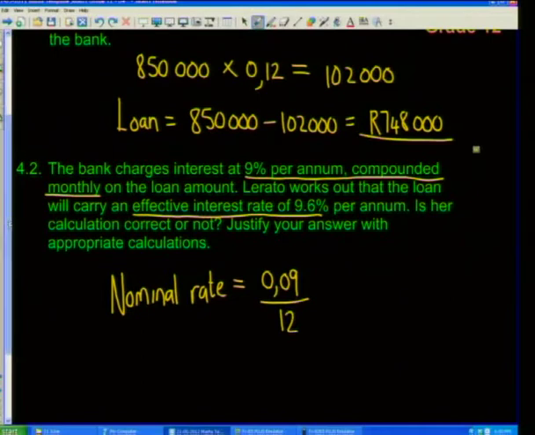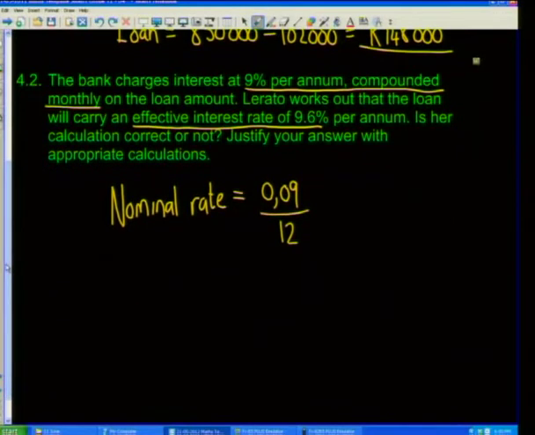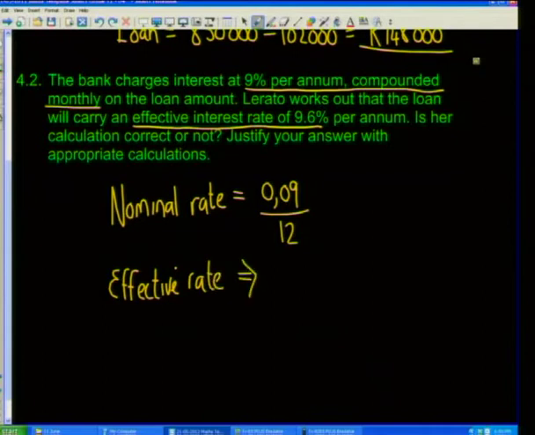So she works out that the effective rate, if the bank manager had just come out once a year, in other words, annually, is actually 9.6%. And the question is, is she correct or is she wrong?